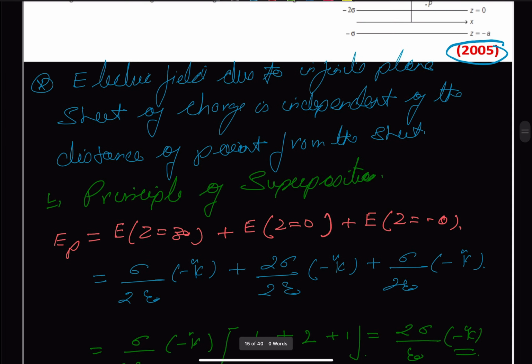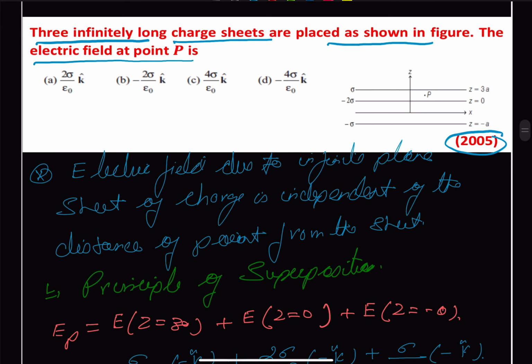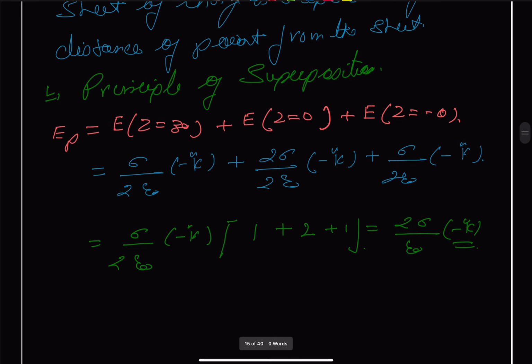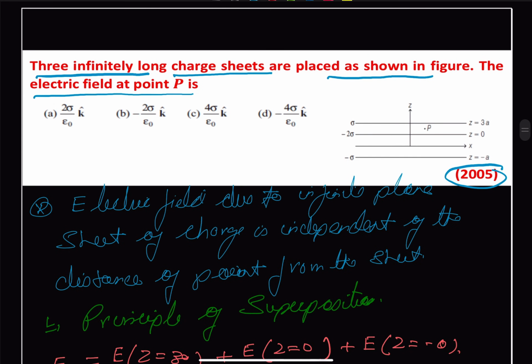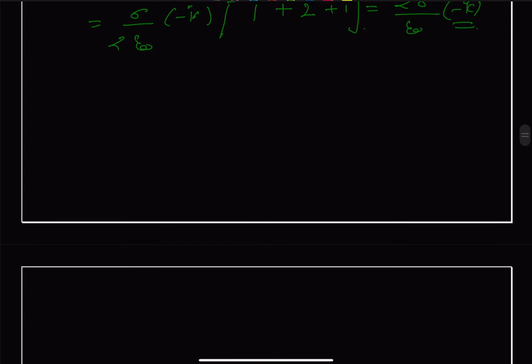So we get this as minus 2 sigma by epsilon naught k. So option number B is the correct one.